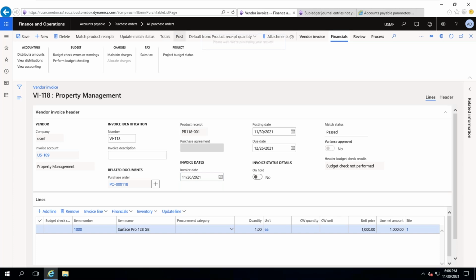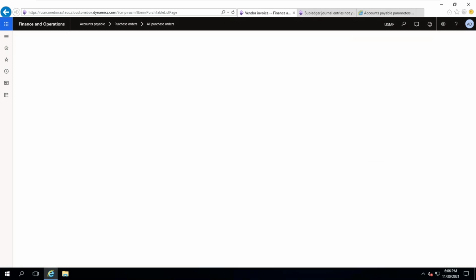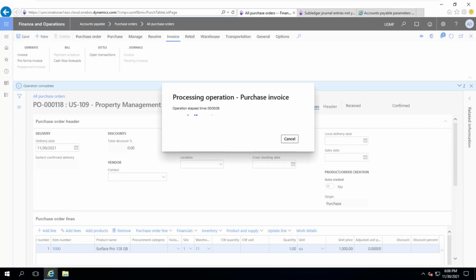After posting, withholding tax will not be calculated. After posting, you cannot find withholding tax at all. Look at this. I'm posting the invoice. Withholding tax is not displaying.